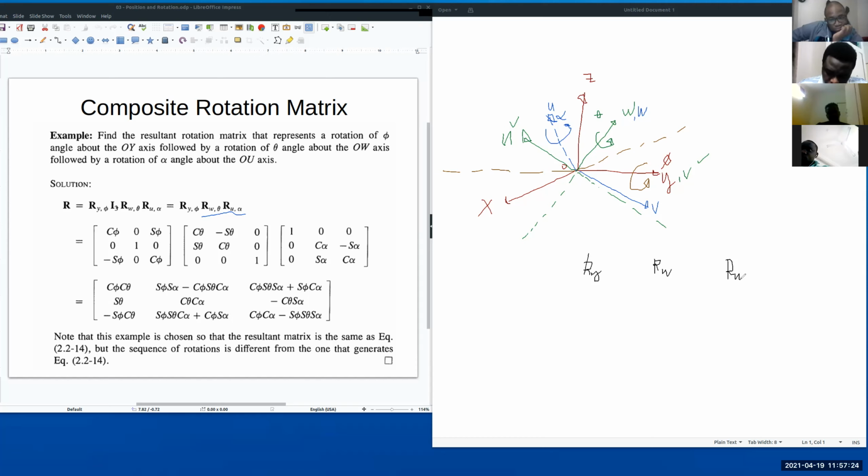But if the rotation is from the reference frame towards the rotated frame, then it becomes a post-multiplication. If you can see here, there's an identity 3. Okay. So the reason for that is initially the axes are identical to each other.